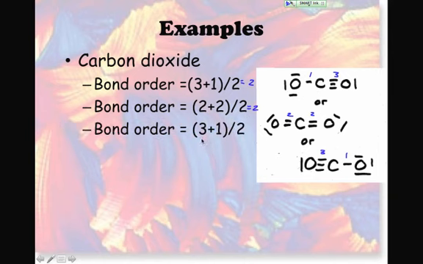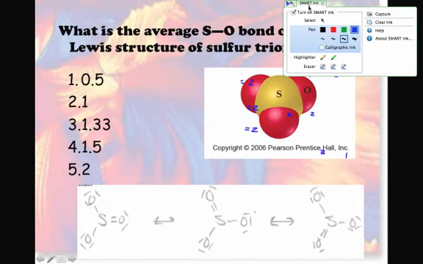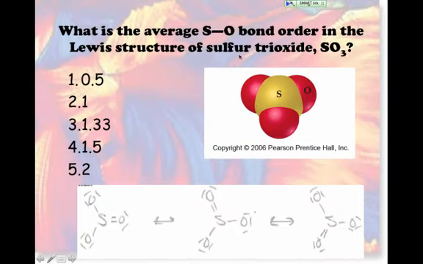Or in my very last one, I had a triple bond and a single bond and only 2 bonding sites. They all give me a bond order of 2 for the carbon dioxide molecule, because those bonds can be anywhere around there. But on average, they still add up to a bond order of 2 because the electrons are zipping around the entire molecule, not just in that one spot.